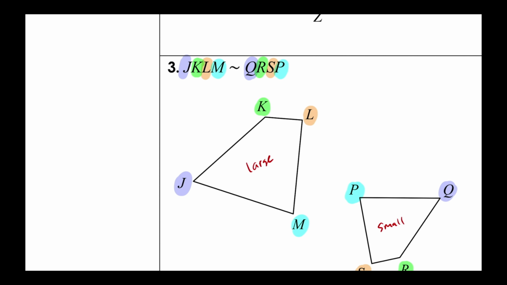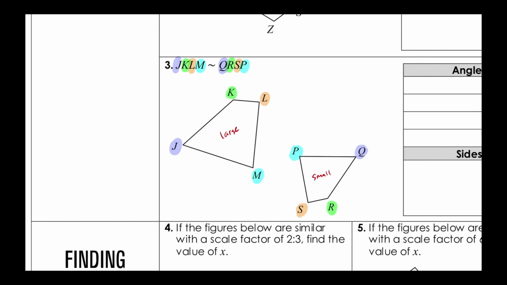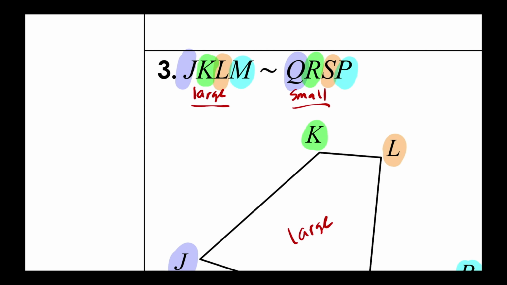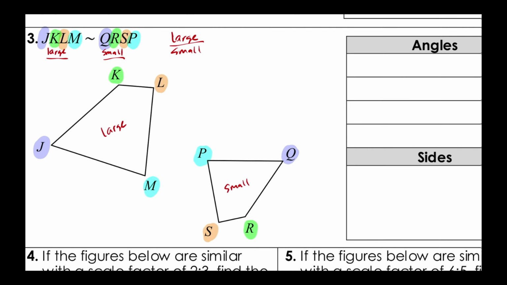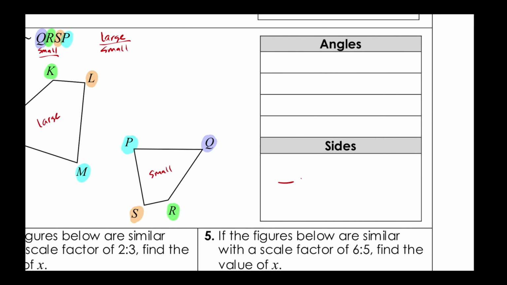And they're going from JKLM to QRSP, so they're going from the large one to the small one. You see how they said the large first? So all my ratios are going to be large over small. Does that make sense? Because they said it first. So when I go down here and do my ratios, and I should have 4 of them, large is going to go on top, small is going to go on the bottom.